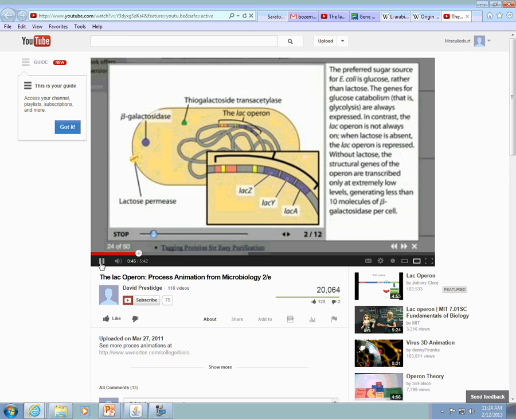The preferred sugar source for E. coli is glucose rather than lactose. The genes for glucose catabolism, that is glycolysis, are always expressed. In contrast, the Lac Operon is not always on. When lactose is absent, the Lac Operon is repressed. Without lactose, the structural genes of the operon are transcribed only at extremely low levels, generating less than 10 molecules of beta-galactosidase per cell.